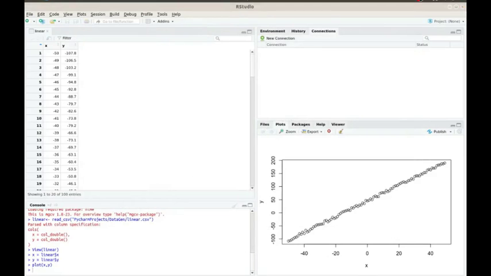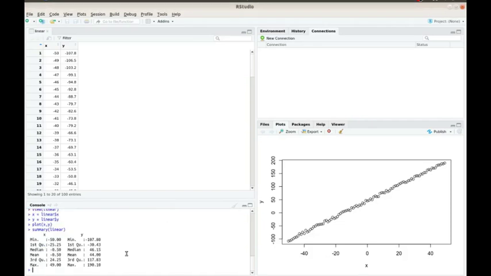As before, I'm going to now do a summary, and you will see that the summary shows that I have an x range and a y range. Minimum is minus 50 for x and minus 107 for y, and the maximum is 49 for x and 190 for y.